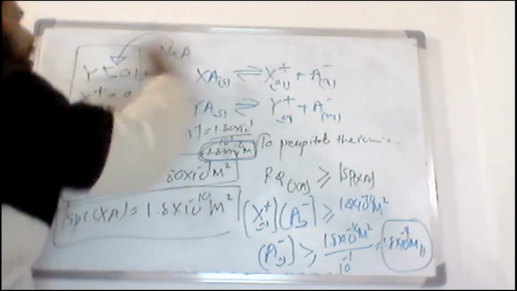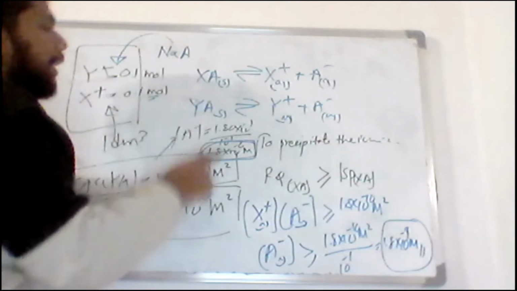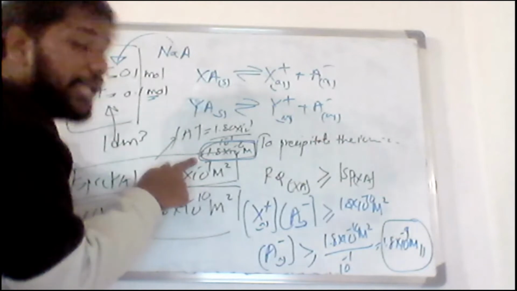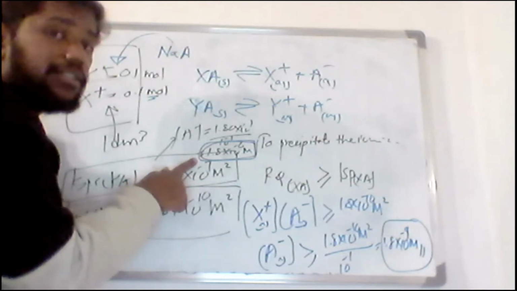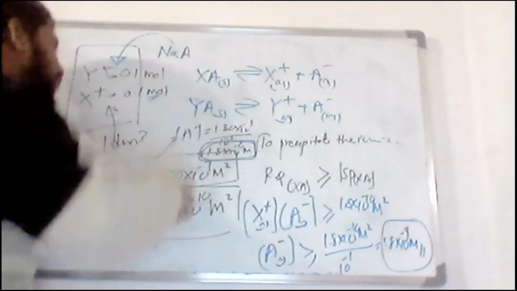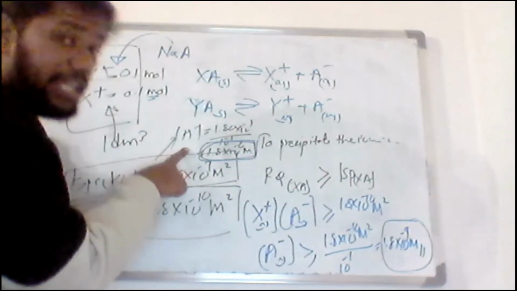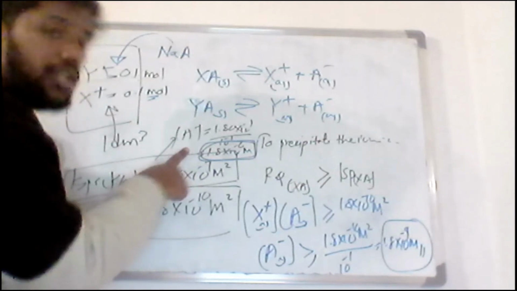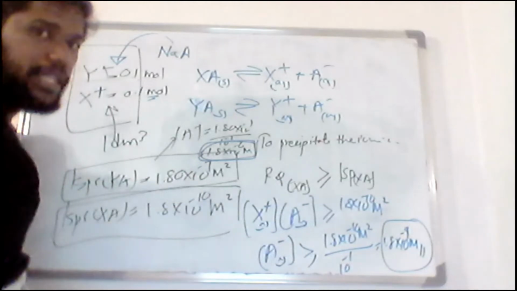Then when you add further, the A minus concentration in the solution will come to 1.8 into 10 to the power minus 6, because A minus concentration is constantly increasing. So at that point, YA is also starting to precipitate. Okay. So initially XA will be precipitating.